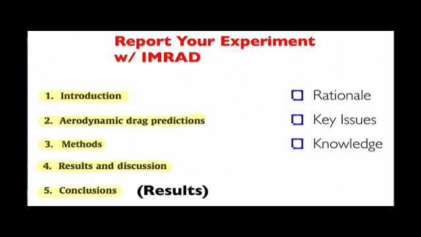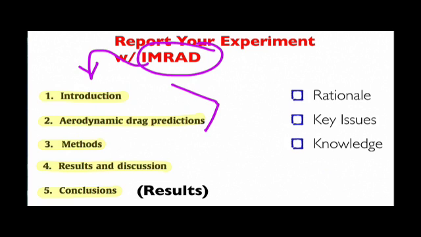Let's contrast that with the standard way to write in science, which is called IMRAD. In IMRAD, you start with the introduction. You see it in this section, so both 1 and 2 are introduction. Then you give your methods, that's the M of IMRAD, and you see their methods.